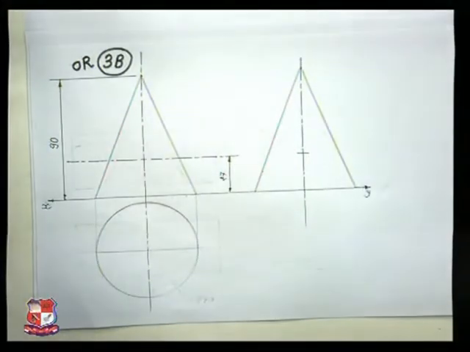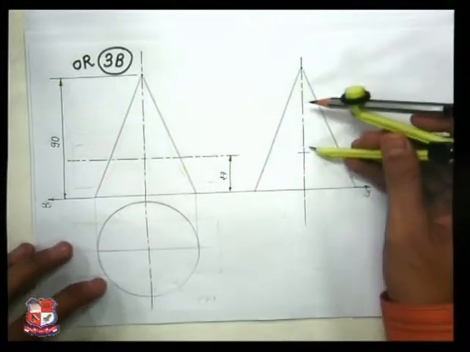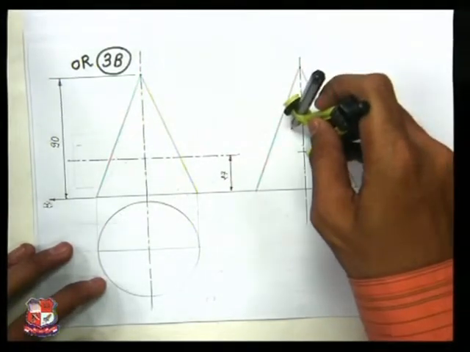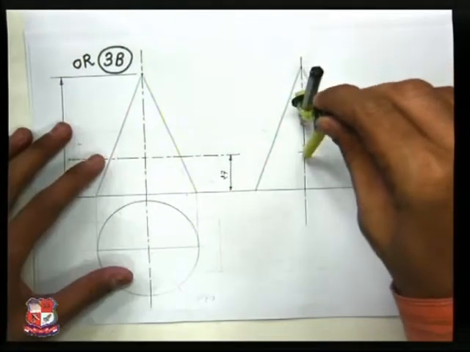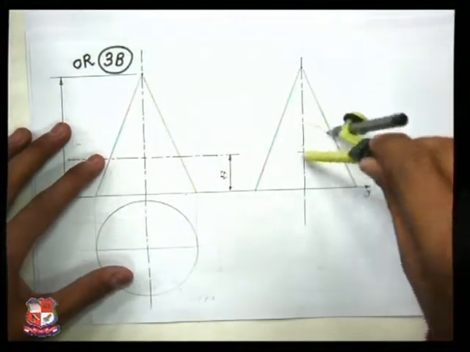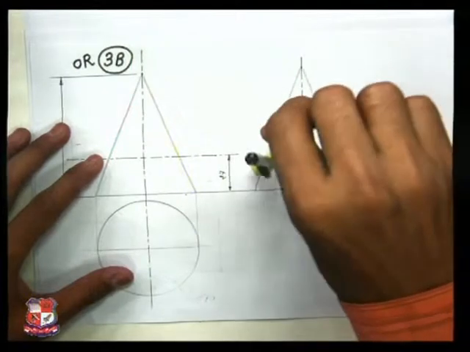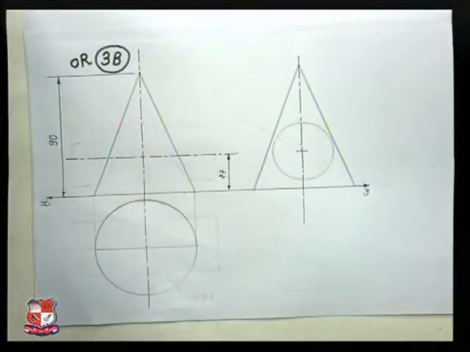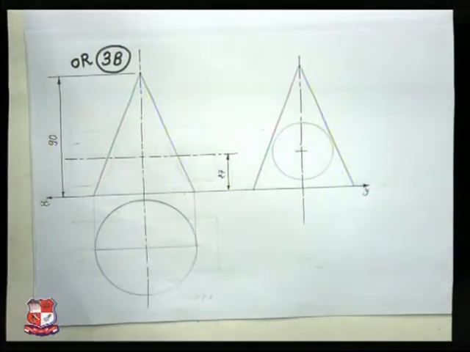Now taking this point as the center and 20 mm as the radius, draw a circle which is given in the data, because diameter of horizontal cylinder is 40 millimeter. So draw a circle having 20 millimeter radius like this. This circle represents the side view of the cylinder.